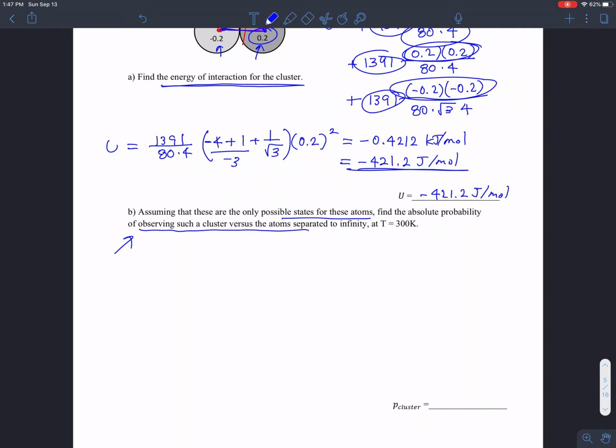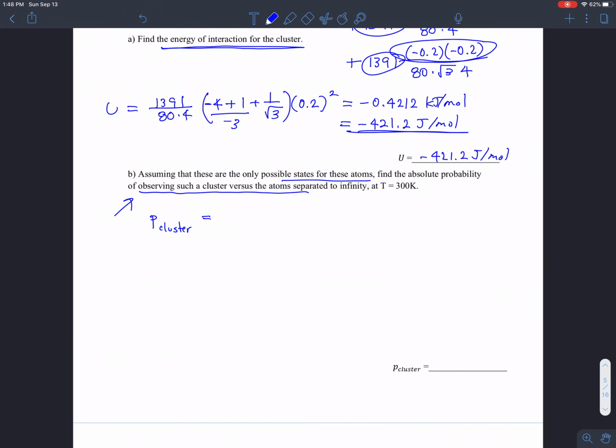So the probability we want, P in the cluster, is equal to e to the minus U for the cluster over RT, over Q. And Q is the number of states in the cluster, which is just 1, so that's e to the minus U for the cluster over RT, plus the energy for the state for everything separated to infinity.